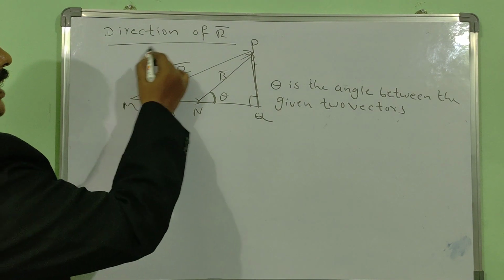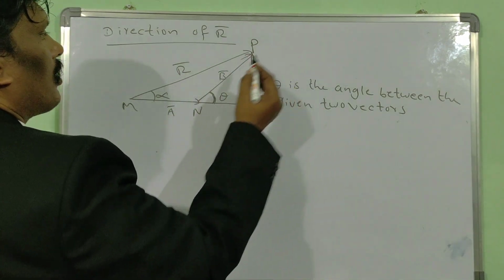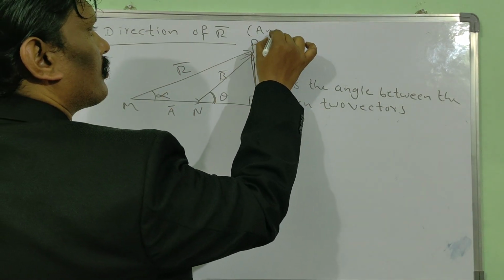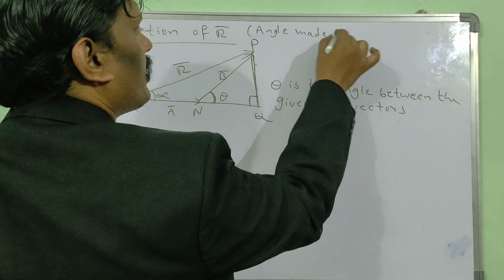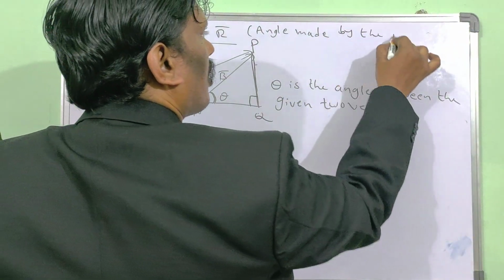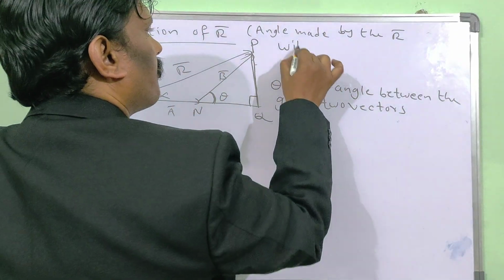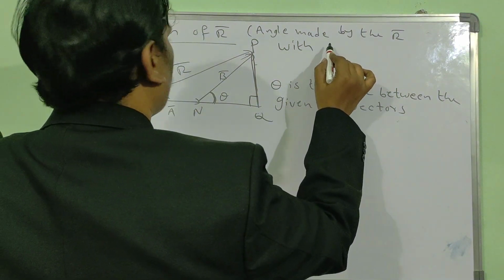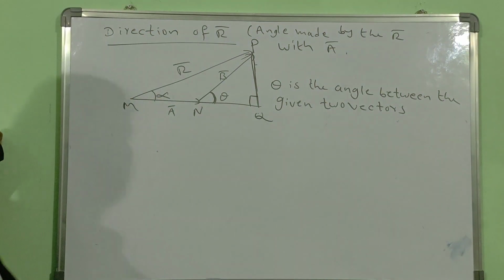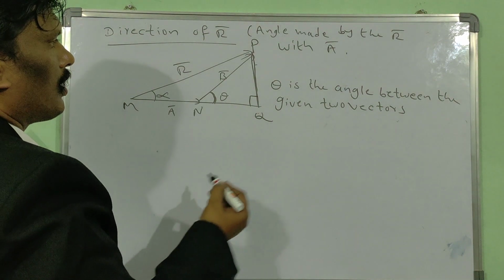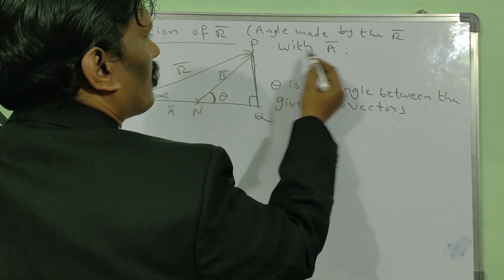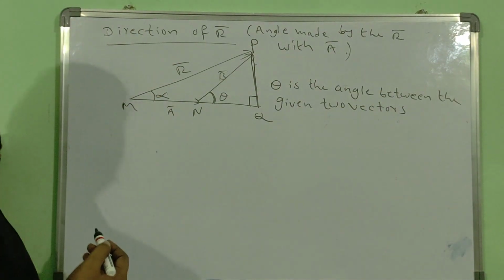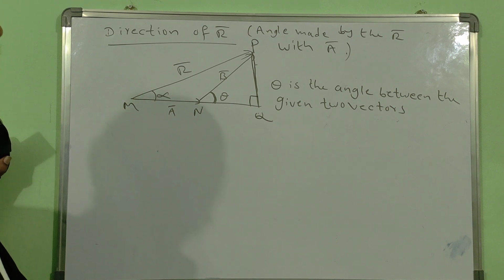Direction of R bar means the angle made by the R bar vector with the A bar vector. Let us see what the angle is. I am going to calculate it, then I will get the direction of R bar, the angle made by the vector R bar with A bar.